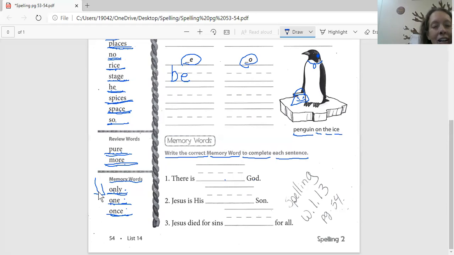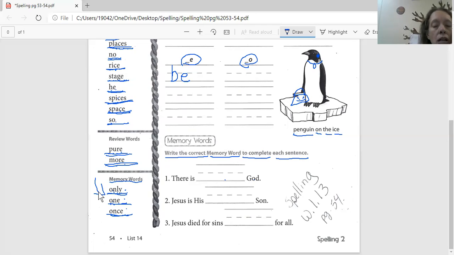All right. Number 2 says, Jesus is his blank son. If you think Jesus is his only son, write the word only here. If you think Jesus is his one son, write one in here. If you think Jesus is his once son, write that here.